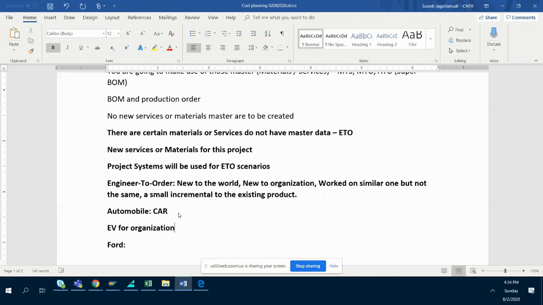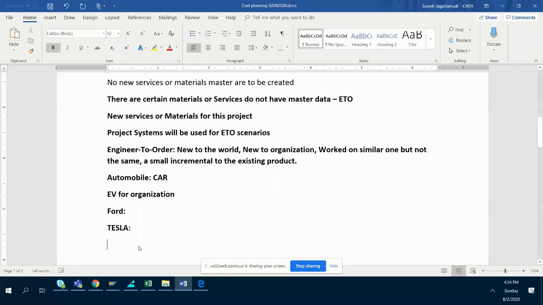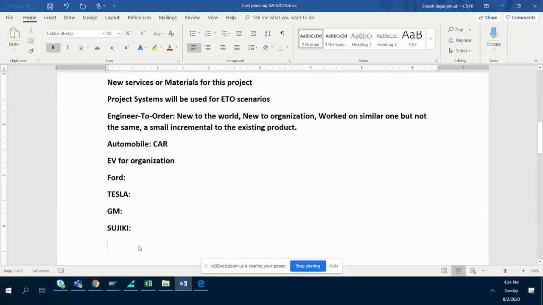Now tell me. Electric vehicle for the organization. Right now, I am considering Ford. Next is Tesla. Next is GM, General Motors. Next, I would say, Suzuki. Next, who else is there?